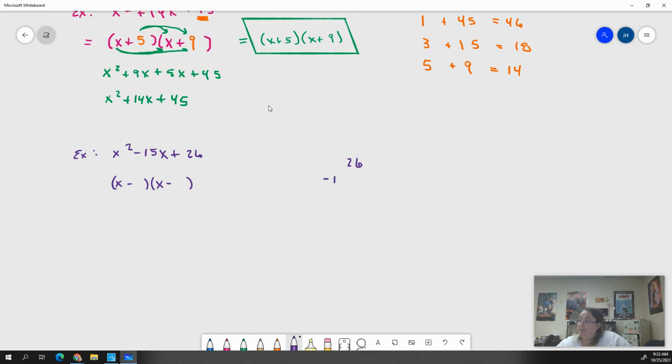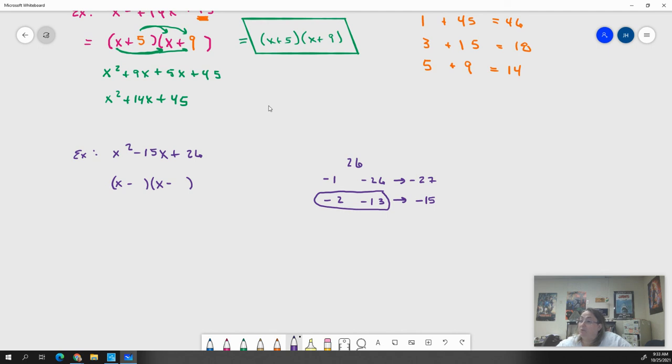So if I have negative 1 times negative 26, negative 2 times negative 13, dang, those are all the factors of 26 that I have. But if I add these two together, I wind up with negative 27. If I add these two together, I wind up with negative 15, which is what I was looking for. So these are the factors that we're going to use.